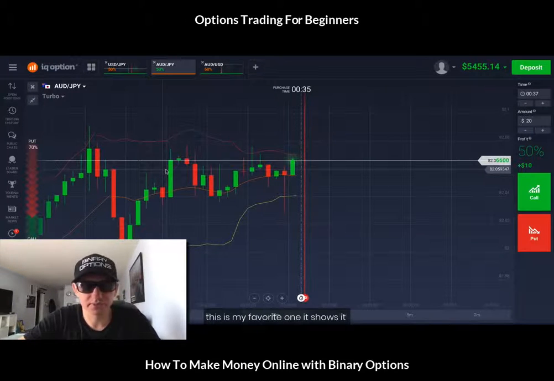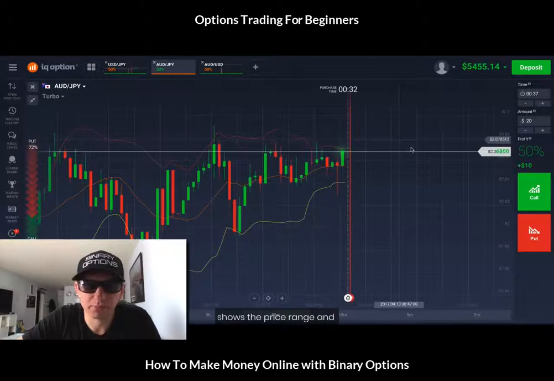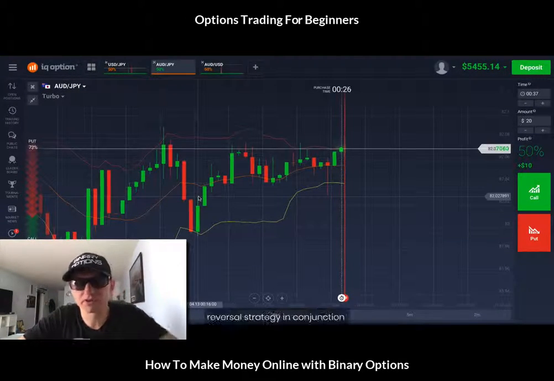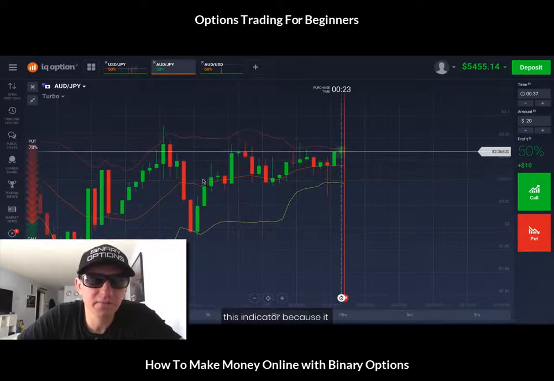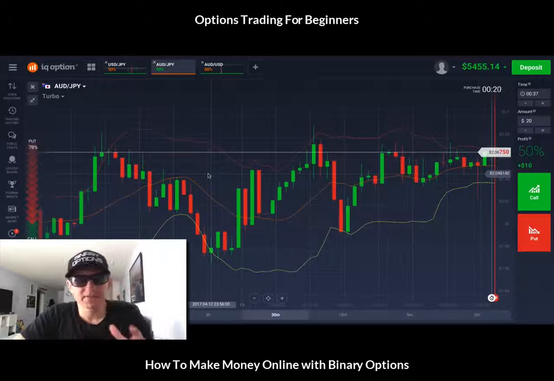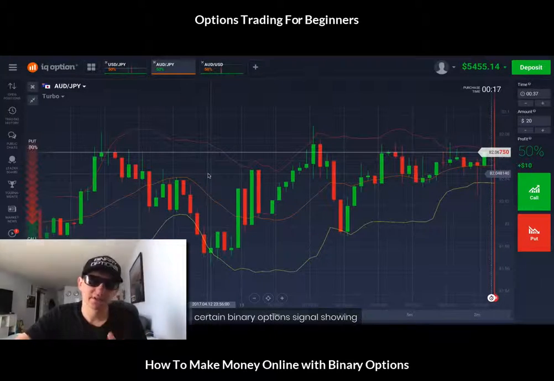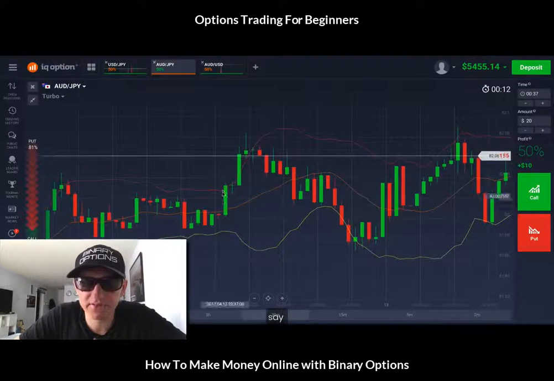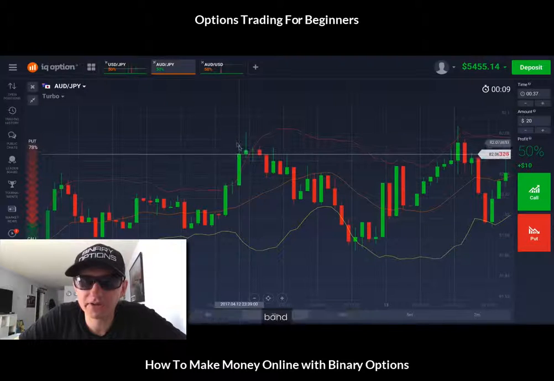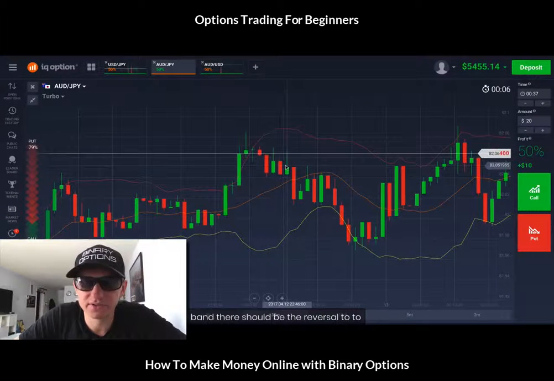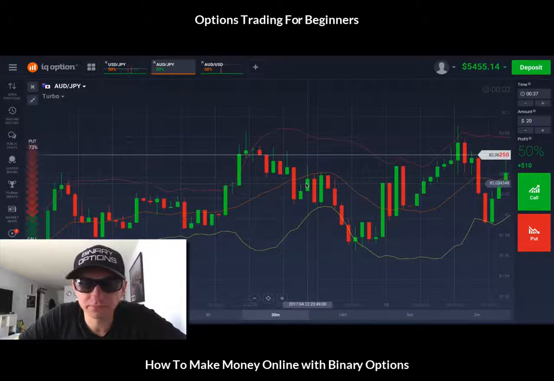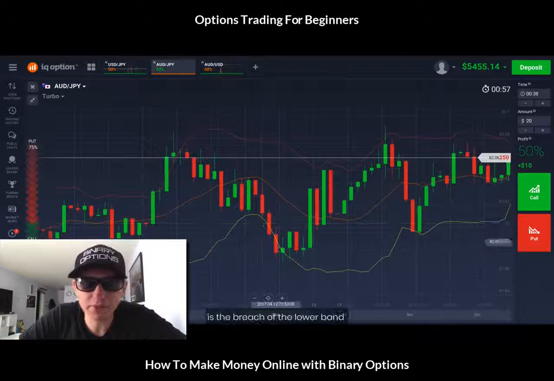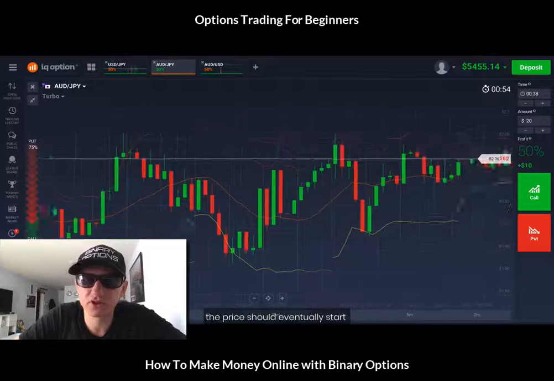It shows the price range and the moving average, and I do like using the reversal strategy in conjunction with this indicator because it gives us a very certain binary options signal, showing us that whenever there is a breach of, let's say for example, the upper band, there should be a reversal to the bottom. And the same thing, if there is a breach of the lower band, the price should eventually start going up.